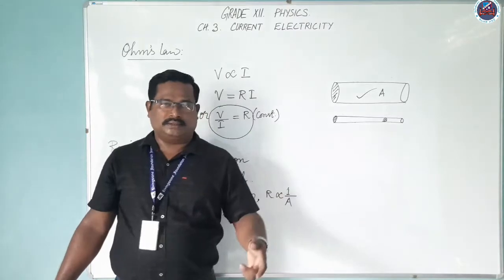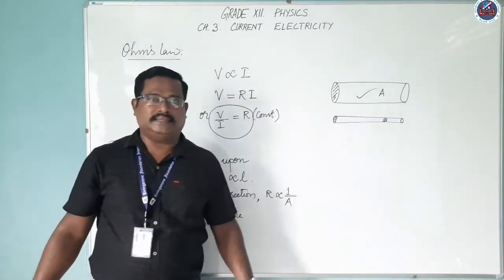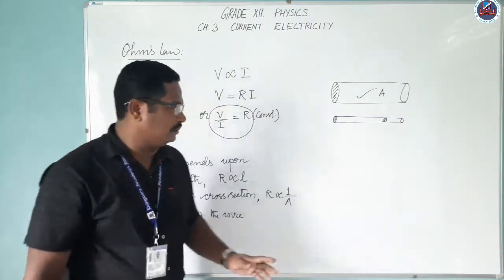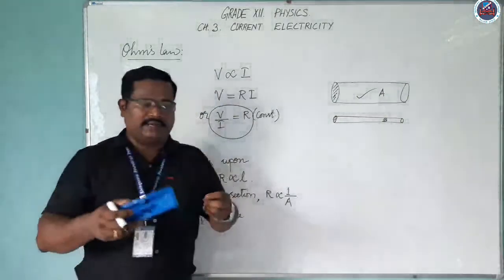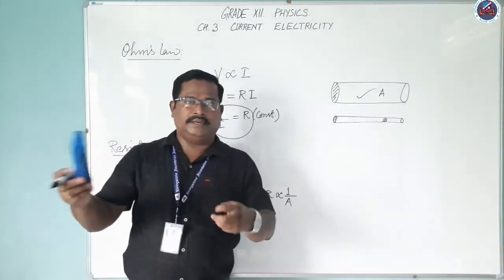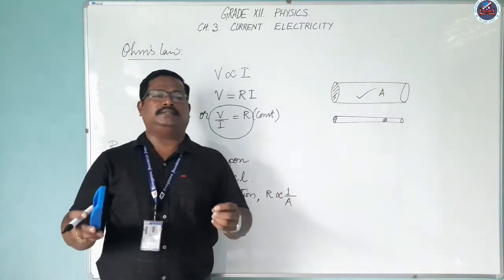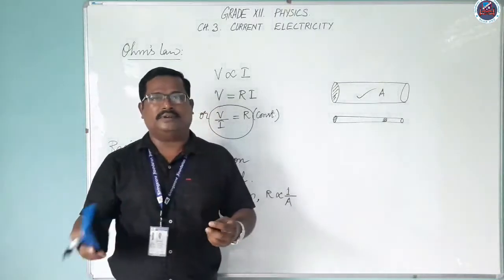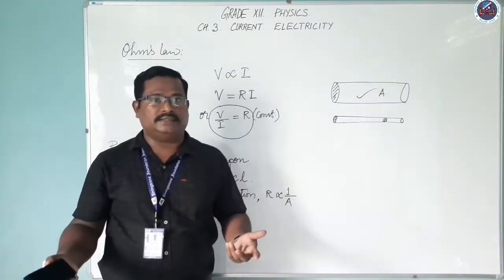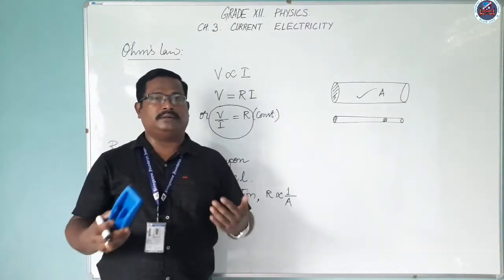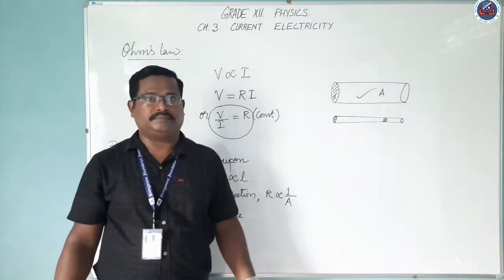Silver, being the best conductor, offers the least resistance. Both are metals, but they have different properties. Their natures are different. That's why the resistance offered by them is also different.